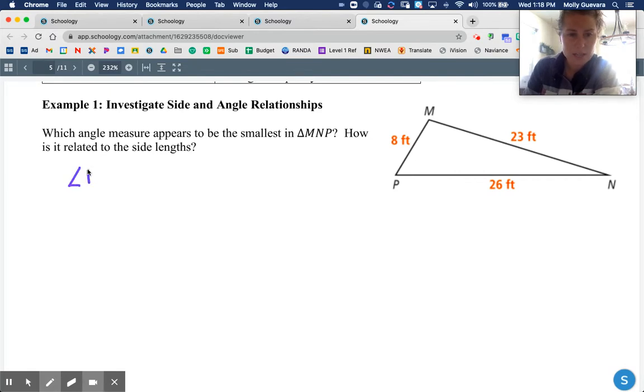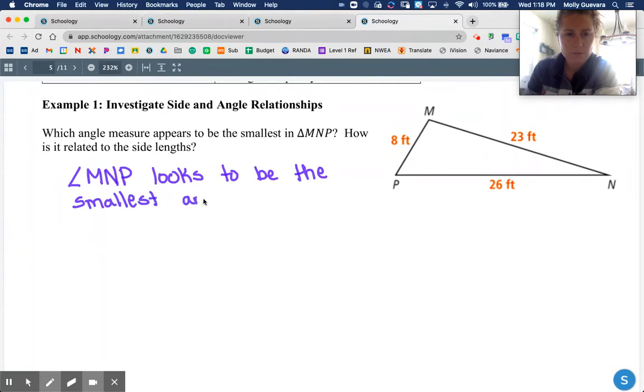So I'm going to say MNP looks to be the smallest angle. I chose MNP, but you could have also said PNM. The order of that, you can go either way as long as that N is in the middle.